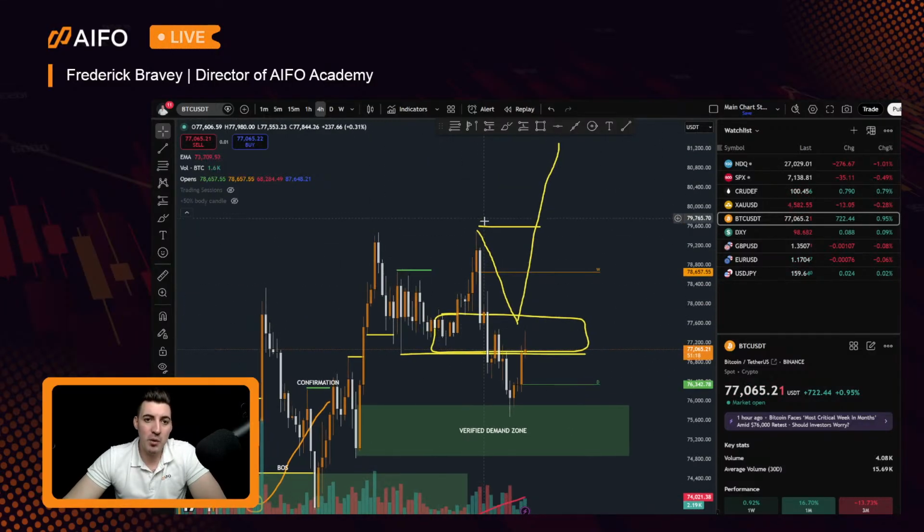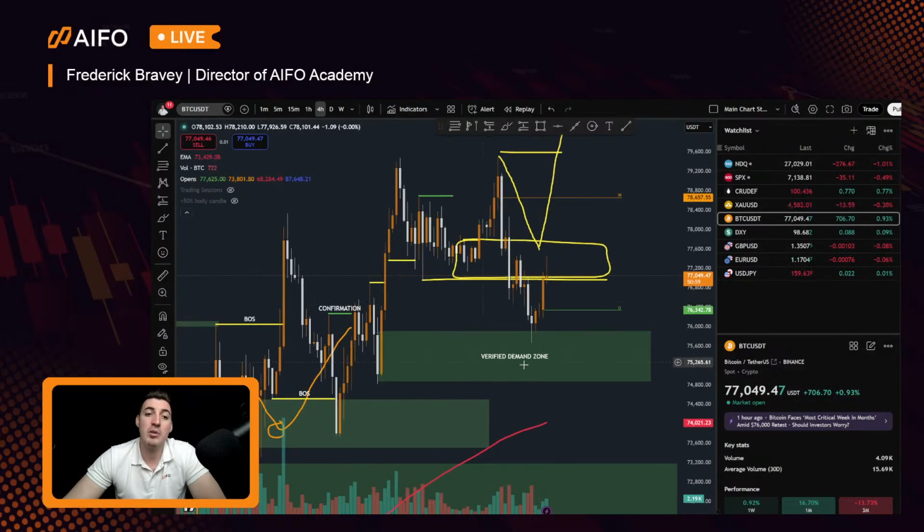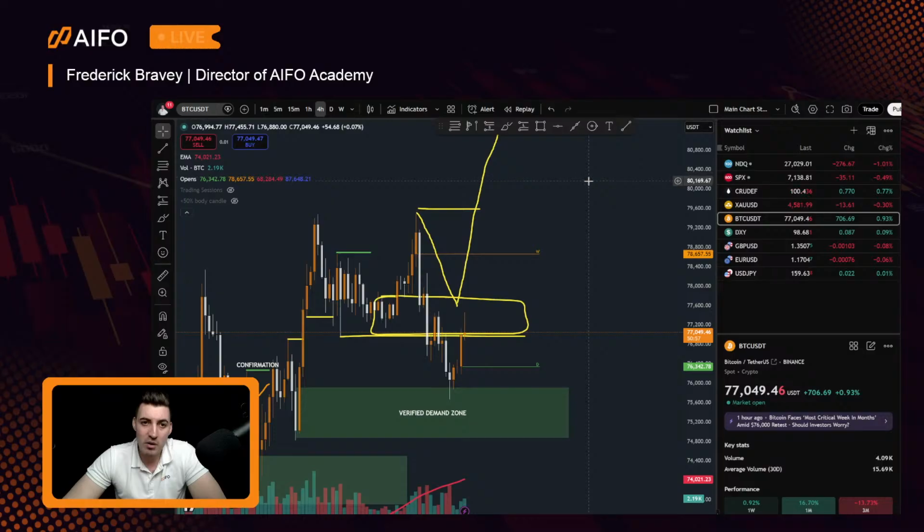As you can see, I was waiting for BTC to come back down. I expected it would have come down to this area here, as this would have been the potential new demand zone created, but it didn't. It seems to have gone further down into a previous unverified demand zone, which has now become verified. And now we're looking for long positions.